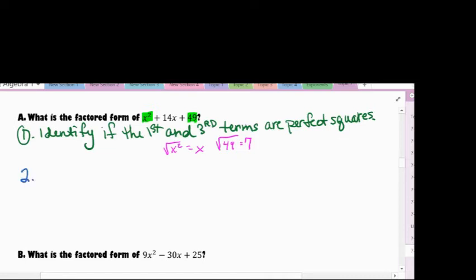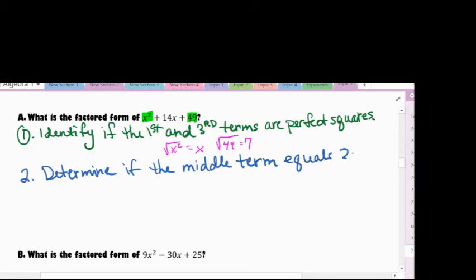Step 2 would be to determine if the middle term equals 2ab. So our middle term here is 14x, and we need to see if that is the result of 2ab.